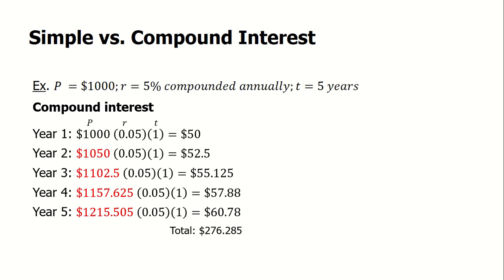If we use the simple interest formula, as we have shown from a while ago, the interest after 5 years will only total 250. But if the interest compounds annually, at the end of year 5, the total interest will have a total sum of 276.285. So more than $26 more, right?